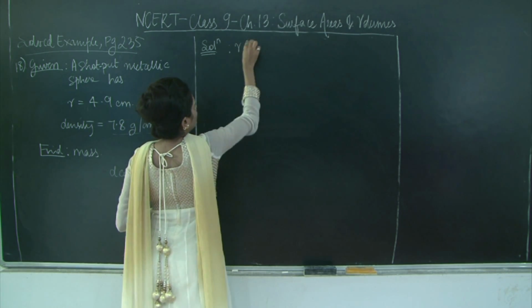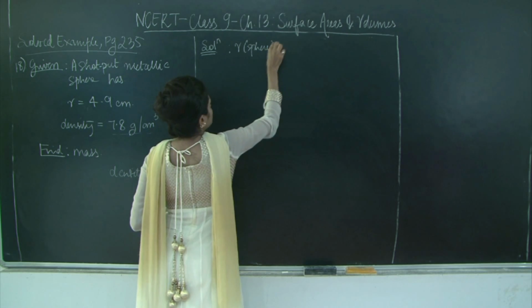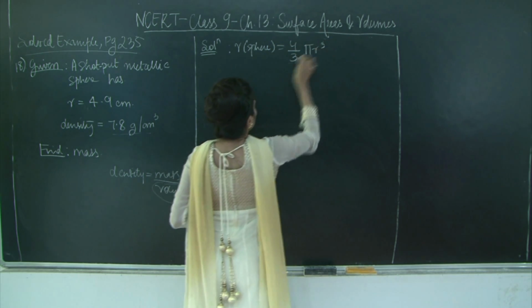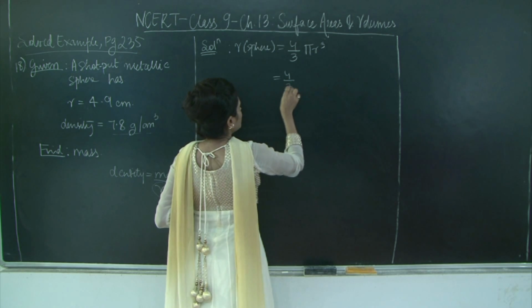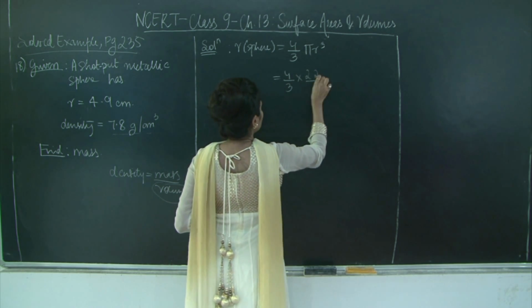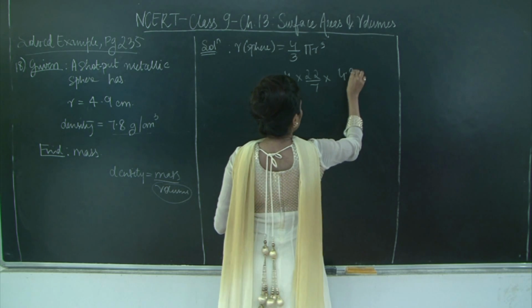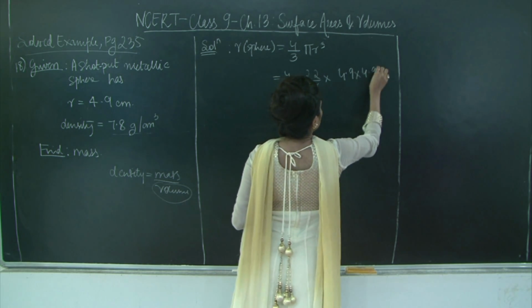So volume of sphere is equal to 4/3 pi r cube, which is equal to 4/3 into 22/7 into r cube, which is 4.9 into 4.9 into 4.9.